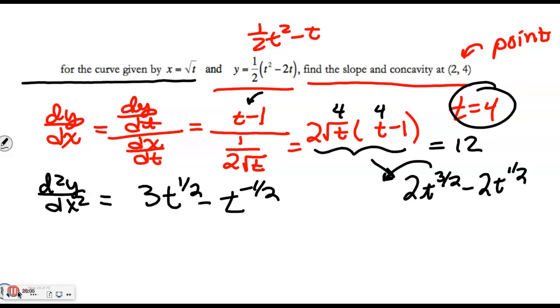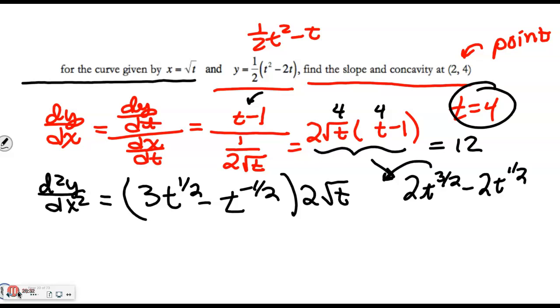Now, technically this isn't done though, because what do I need to divide it by? dx dt, which I already did, so the ingredients are already there. But I wouldn't divide by dx dt. I would multiply it by the reciprocal, since it's a fraction. Are you okay with what I did? Because I'm just trying to make your lives easier.